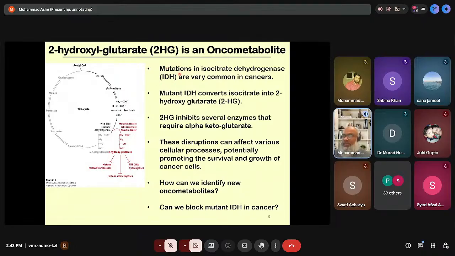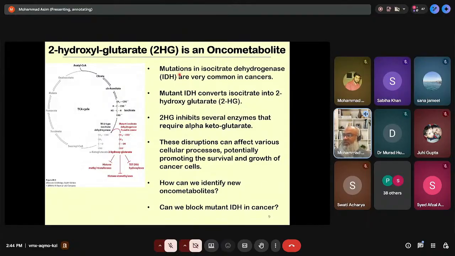The mutations in IDH are one of the commonest in multiple cancers, especially glioblastoma, which is a specific type of brain cancer. Several years ago, I did some transcript analysis in prostate, and we found one of the top mutation and overexpression in the data set was none other than IDH. So IDH was mutated in cancer.